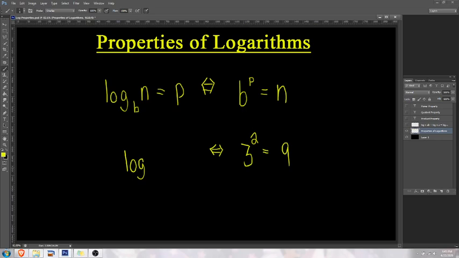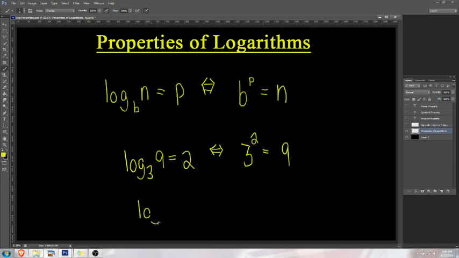My base is 3 because it's on the bottom, and n, the thing the exponent is equal to, is going to be 9, and it's equal to that exponent, that power, 2. So these two things are functionally equivalent to each other, and it can be useful for thinking of it a different way, like solving equations.